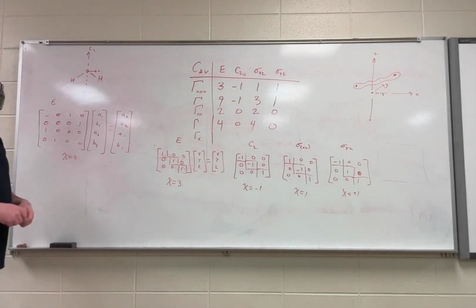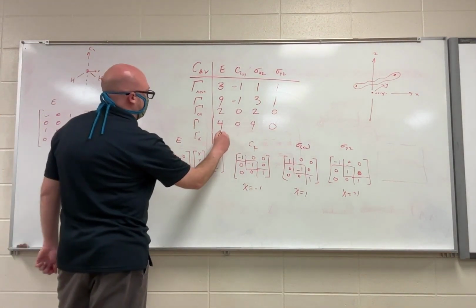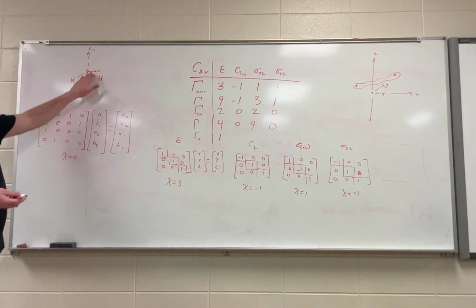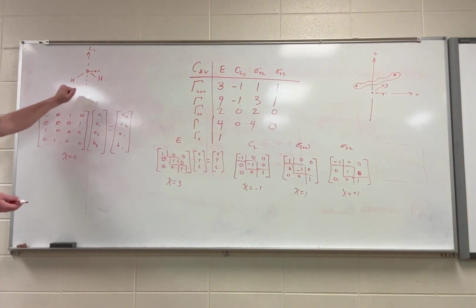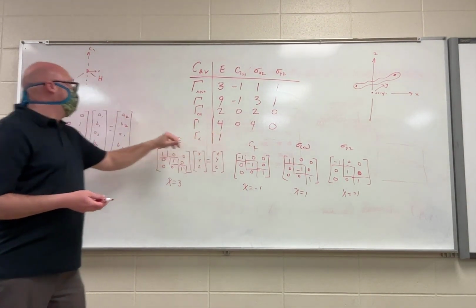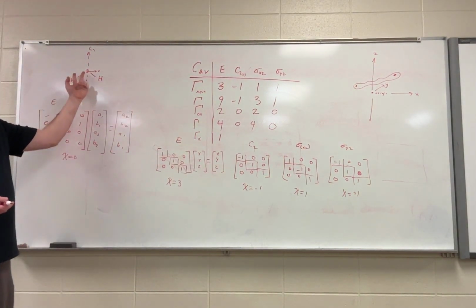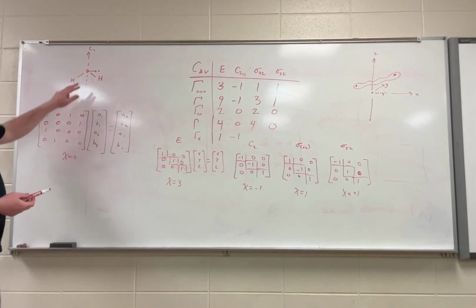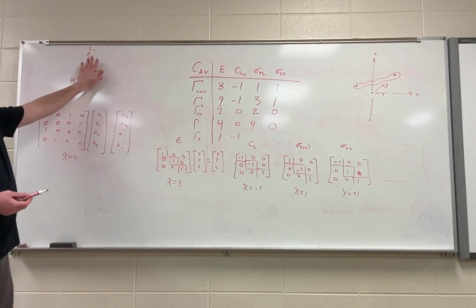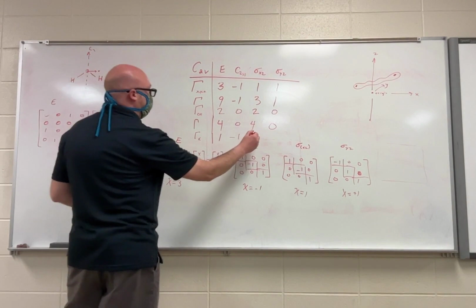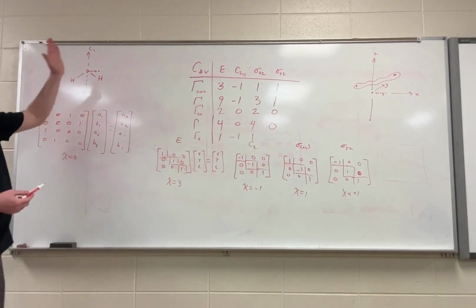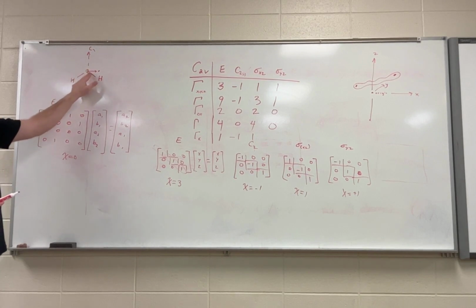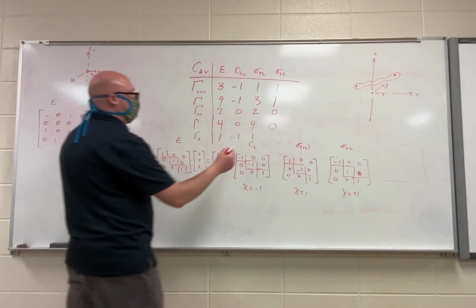So I'll make a 1-dimensional representation with the identity operation. Nothing happens to this vector. If I perform a C2, this goes to its negative. I have -1. And if I perform the sigma xz, nothing happens to the vector. If I perform a sigma yz, the vector goes to its negative. It's in the same position, but it goes to its negative.